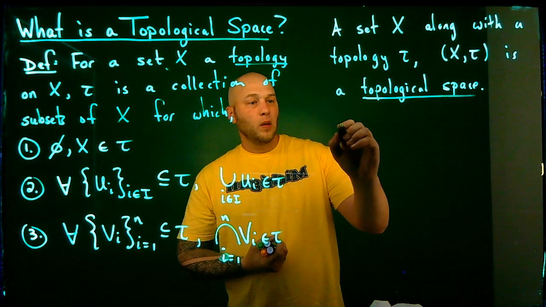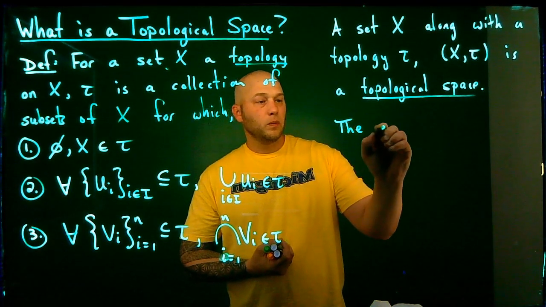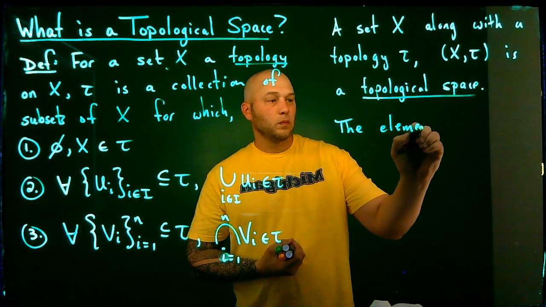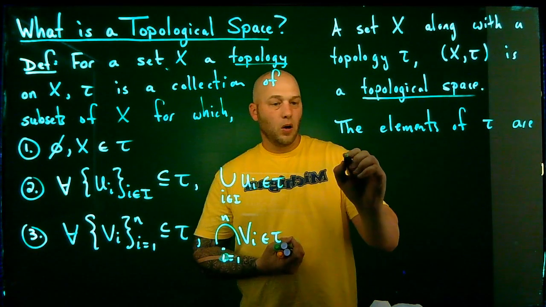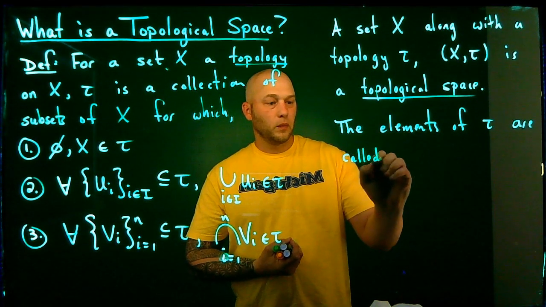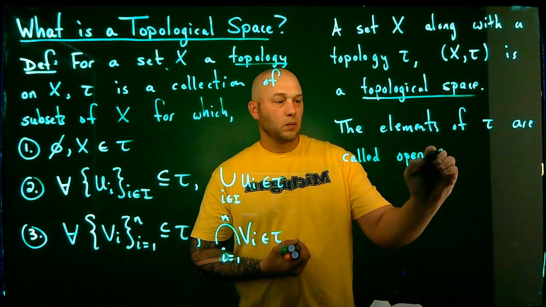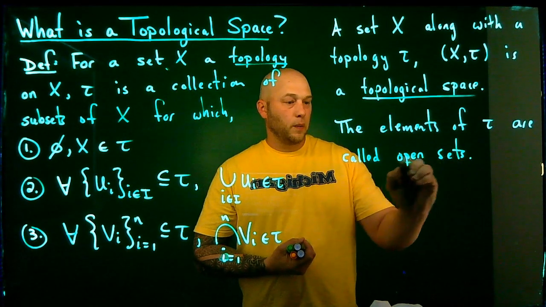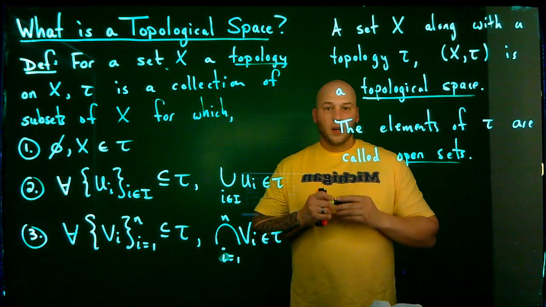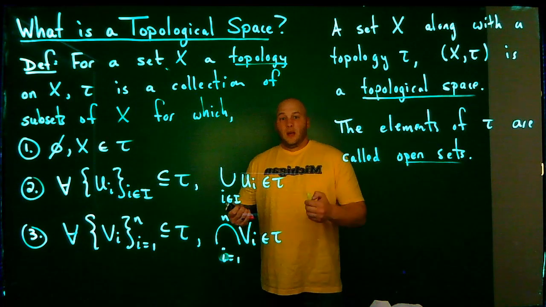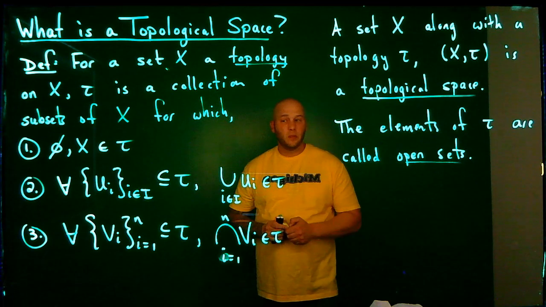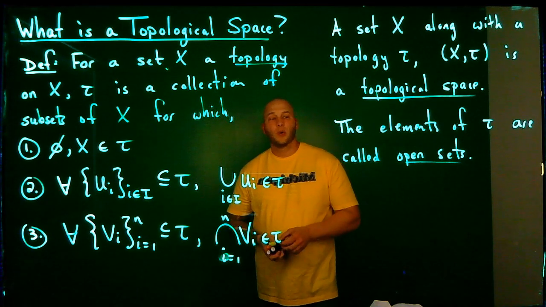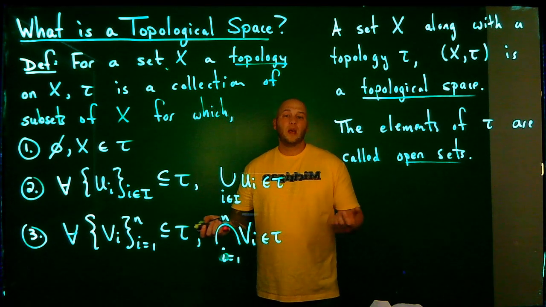Now, the elements of tau are called open sets. Certainly, if you're watching this video, you've taken probably an analysis course, but at least some calculus courses, and you know open intervals on the real line.